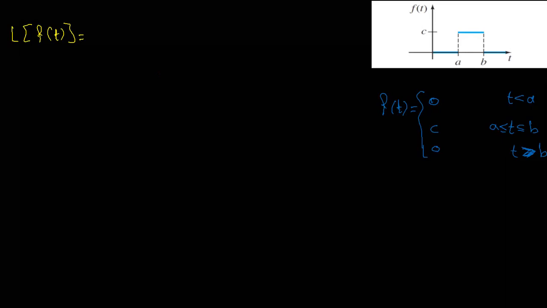So after that, you have to take the definition of the Laplace transform. The definition of the Laplace transform is the integral from 0 to infinity of my function f(t) times the exponential function e to the negative st dt. Now, you have to plug in the value of f(t). Which one should I use? The value of your f(t) is what?